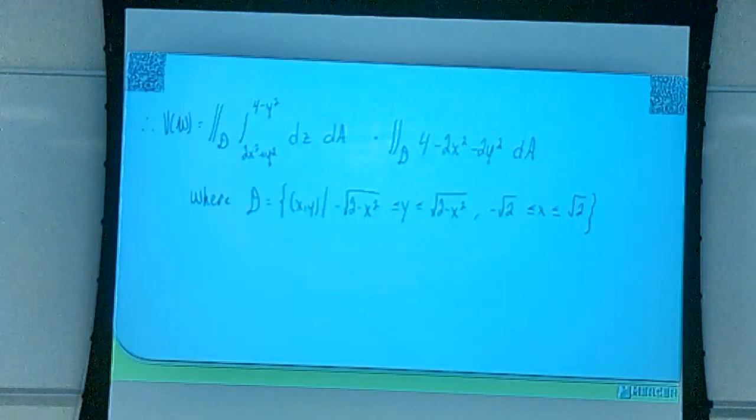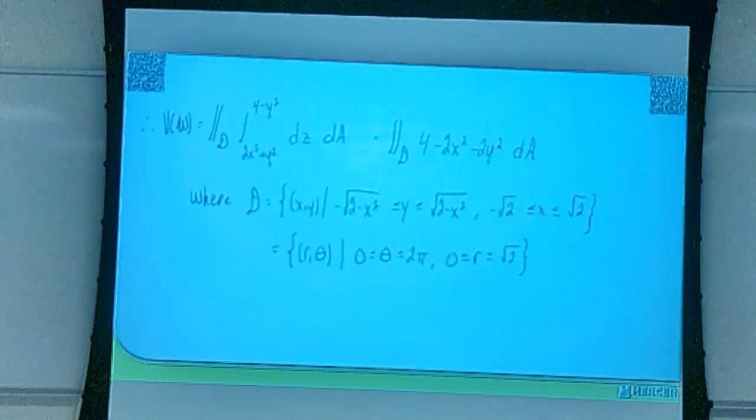And the advantage of writing it this way, as we've already seen, isn't that region circular? Isn't it a polar region? Can't write it that way. Right.